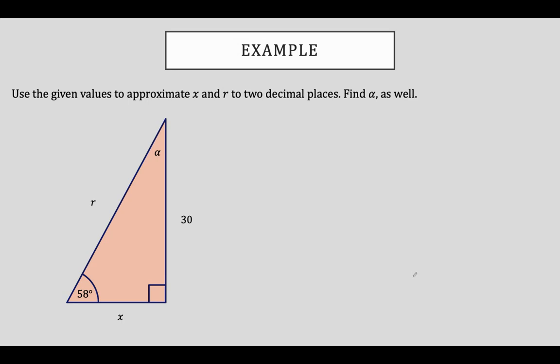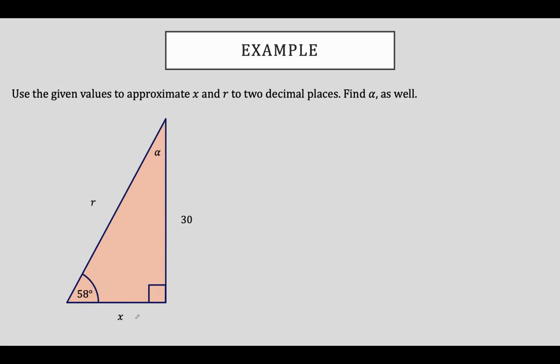Now, this information can also be used to help us in solving sides of a right triangle if we only have one side. So let's take a look. It says, use the given values to approximate x and r to 2 decimal places. Find alpha as well. All right, so let's start off with finding x.